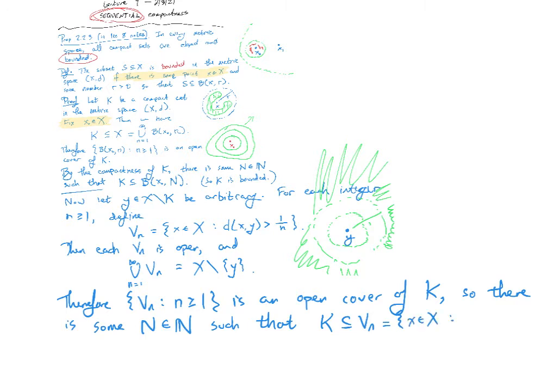There is some n such that, oops, I want to have a capital N down there, such that the entire compact set K is contained in V sub capital N. And I'll just repeat the definition. That's the set of points that are at distance greater than 1 over capital N away from Y.